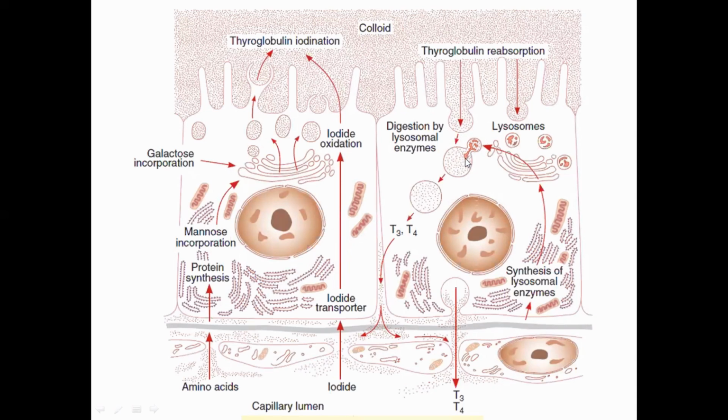These lysosomal enzymes degrade the thyroglobulin molecules, and the iodotyrosines and iodothyronines, that is the thyroid hormones, are released. The iodotyrosines are deiodinated, and the free iodine is reutilized for the synthesis of new thyroid hormones.